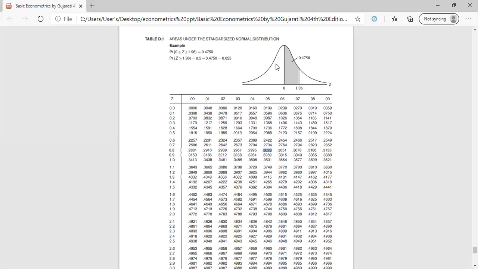Yes, 0.3023 is just the area where z lies between 0 and 0.85. Then you have this whole area, which is also less than 0.85. We are looking at these two areas, 0.5 plus 0.3023.